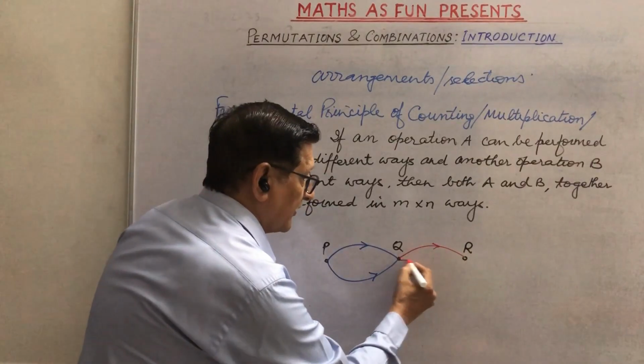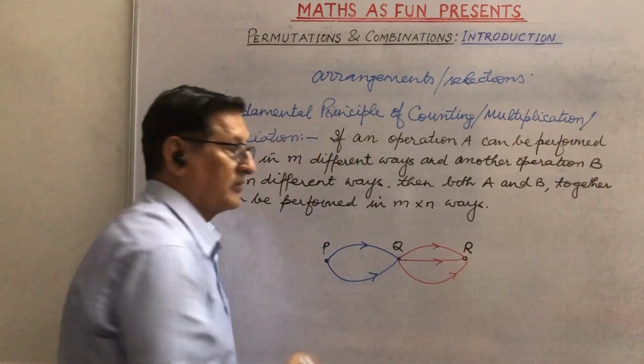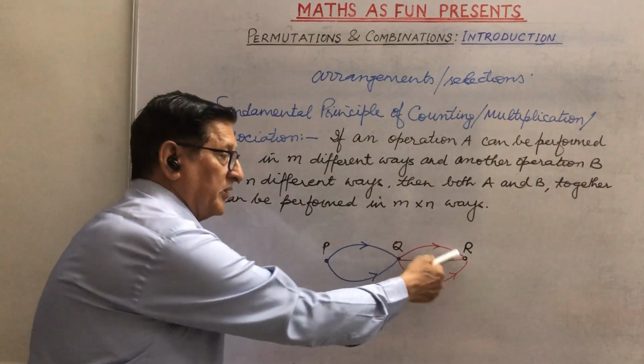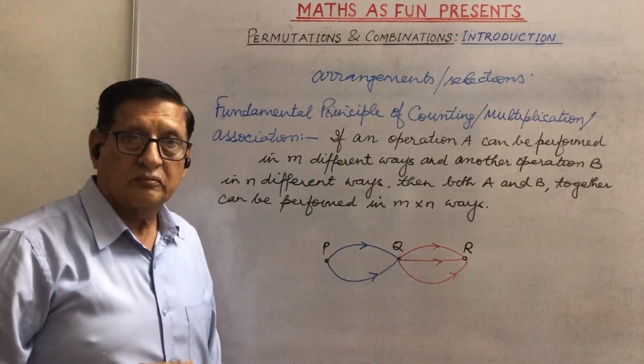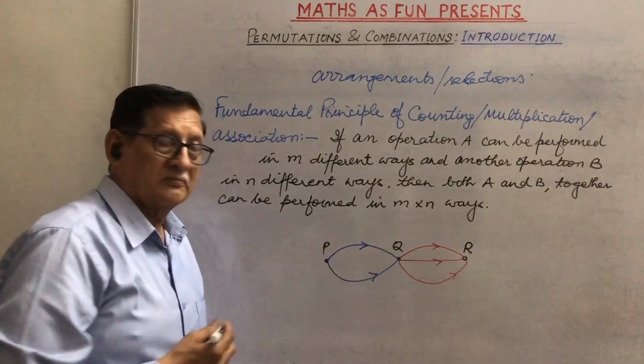One is this way, another is this way, and the third is this way. He wants to reach from P to R through Q. Then how many different ways can he reach?